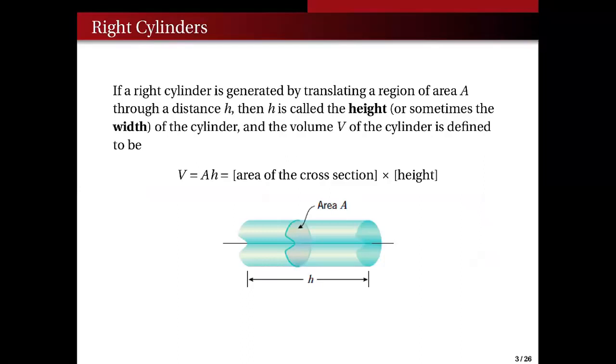So in here, you have some region here with area A. You move this region horizontally, a distance h. You will be able to create a right cylinder, okay? And the volume of that right cylinder will be equal to the area A times h, okay? So questions so far?